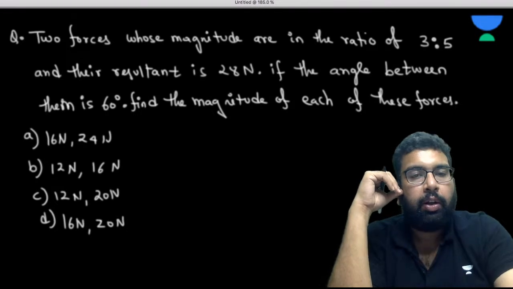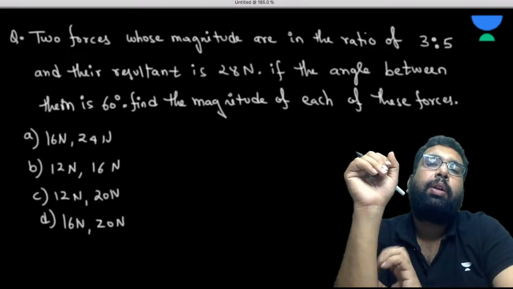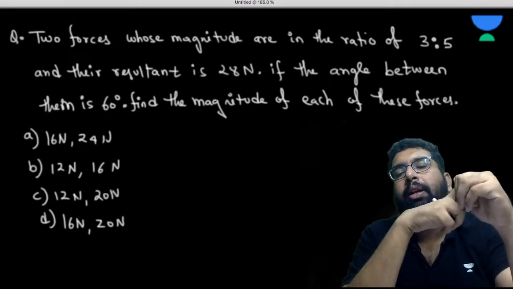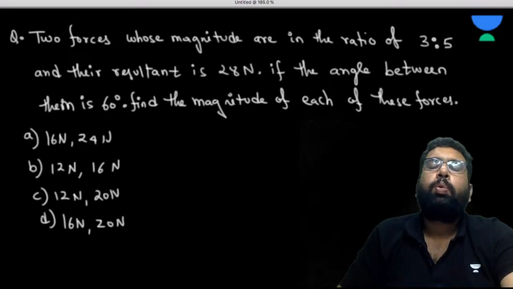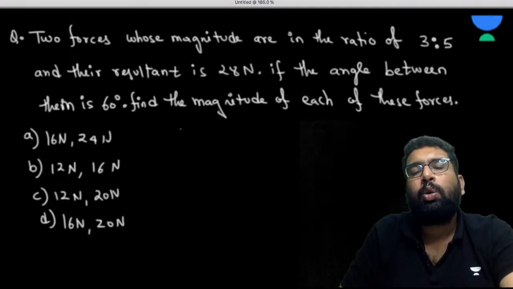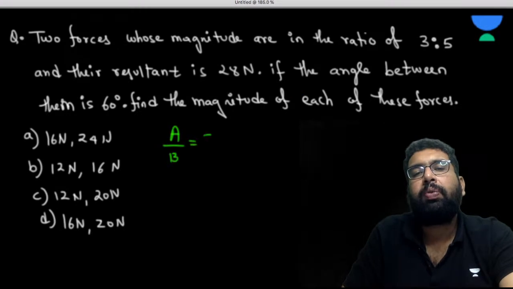Let's check. So now two forces whose magnitude are in the ratio of 3:5 and their resultant is 28 Newton. So you can pick up two forces as 3x and 5x, or you can simply say two forces are there, A and B, in the ratio of 3:5.